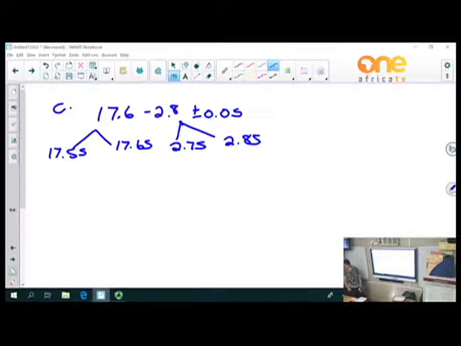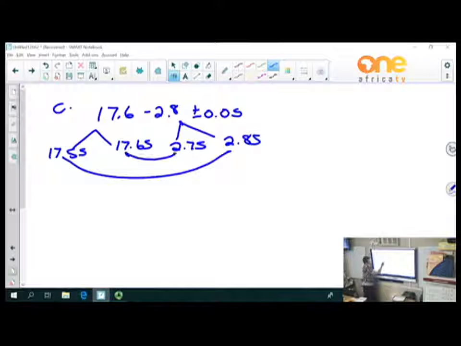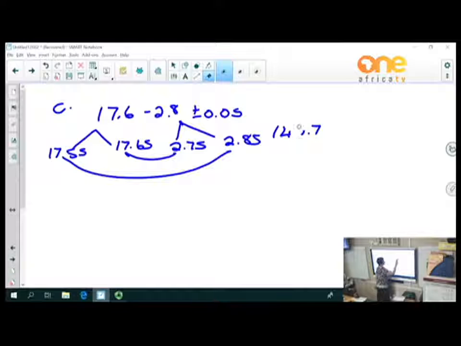What does that mean now? Lower, upper, upper, lower. This is what we do then. 14.7 is less than or equal to x, which is less than 14.9.